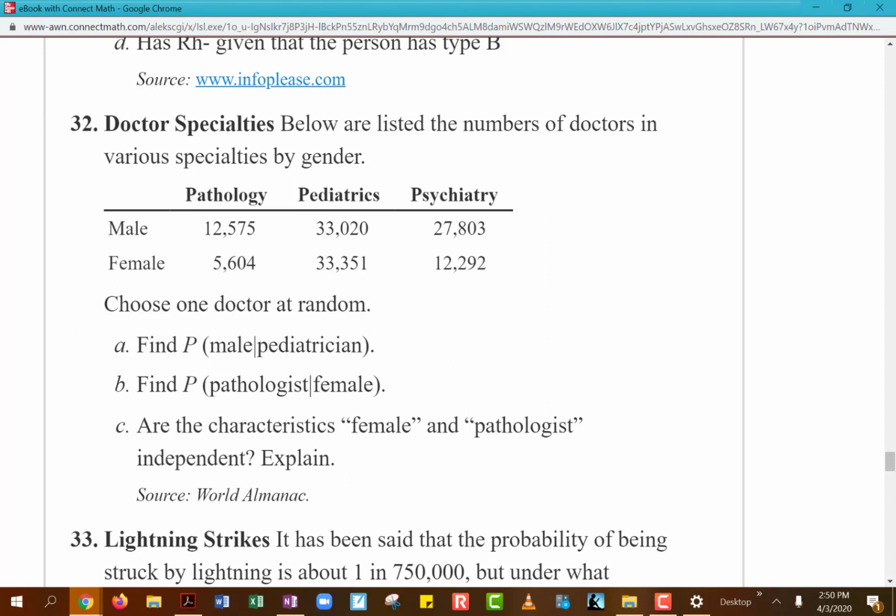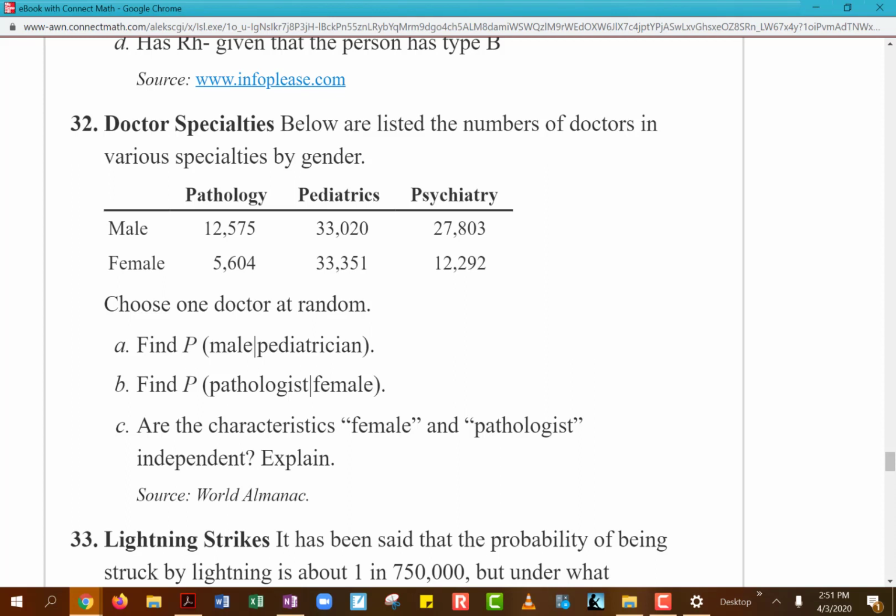So in this case, we are saying below are listed the number of doctors in various specialties by gender. So we've got male, female, and then the specialties are pathology, pediatrics, and psychiatry. If we choose one doctor at random, what's the probability that it will be a male doctor given that they are a pediatrician?